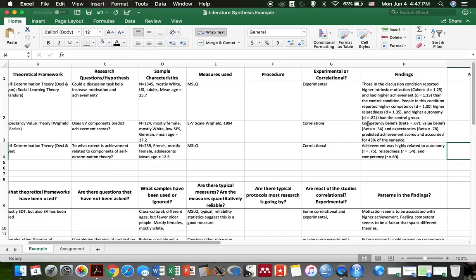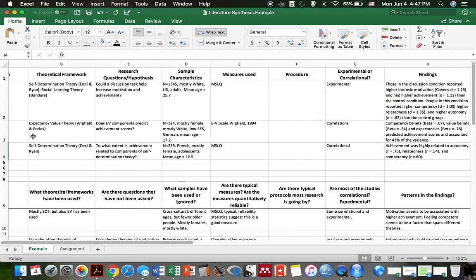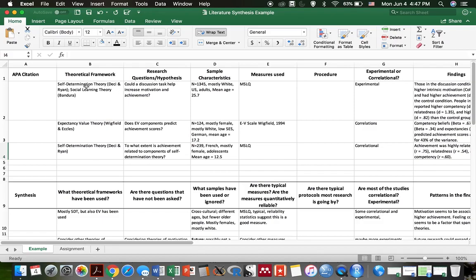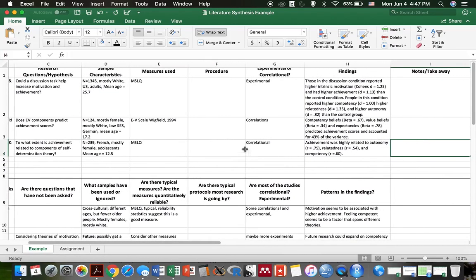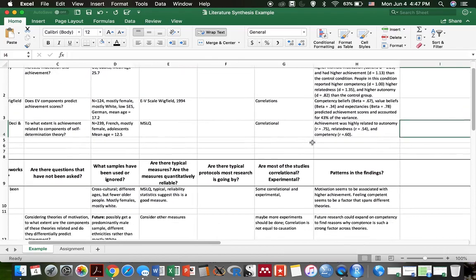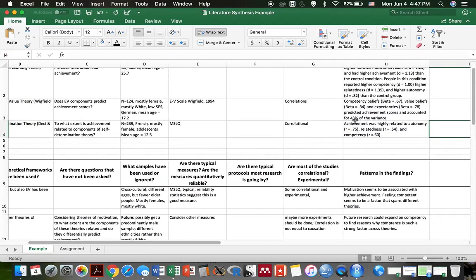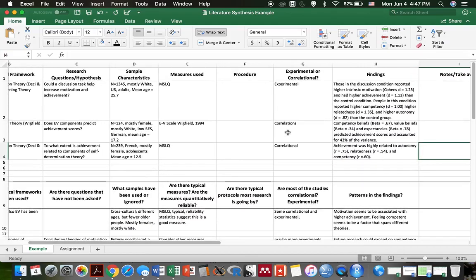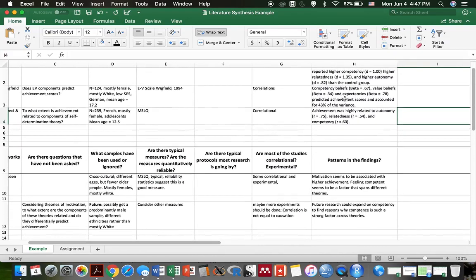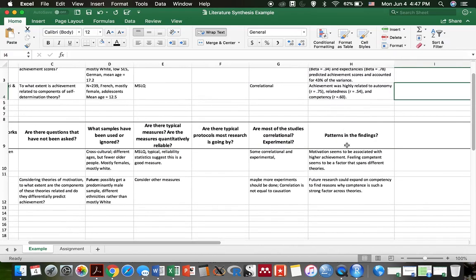So once you have, like I have several here, and like I said, I made these up. None of this is real. Whenever I look at this though, I would say, oh, okay, they found this, they found this, they found this. So what does this mean? What are the patterns? So motivation seems to be associated with higher achievement. Well, that makes sense. And feeling competent seems to be a factor that spans a lot of different theories.